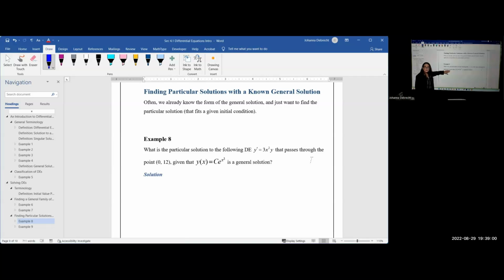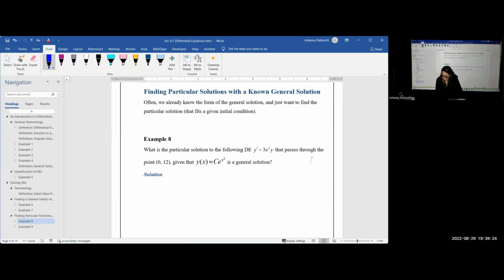We know that it goes through the point (0, 12). So when x is 0, y is 12. And we're told that this equation right here is a general solution: y of x equal to c e to the x cubed. So all we need to do is find a specific value of c. In order to do that, all we need to do now is just plug in the different values.